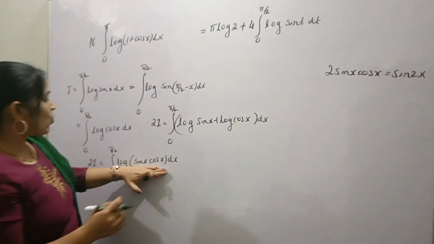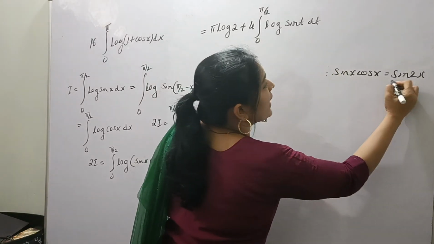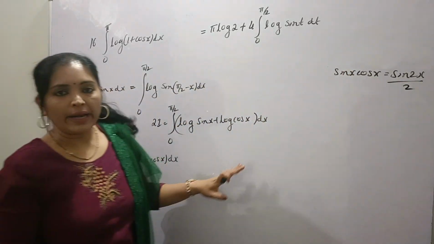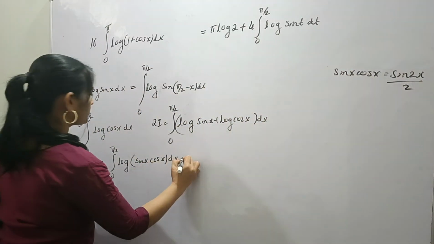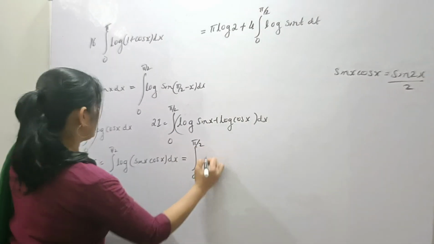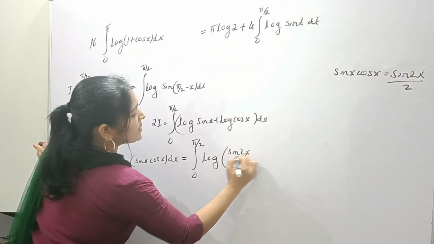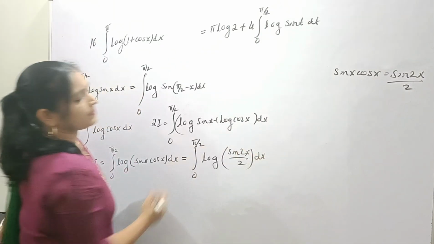Here we have only sin x cos x, so sin x cos x is equal to sin 2x by 2. Let's substitute here: integral 0 to pi by 2 of log of sin 2x divided by 2 dx.